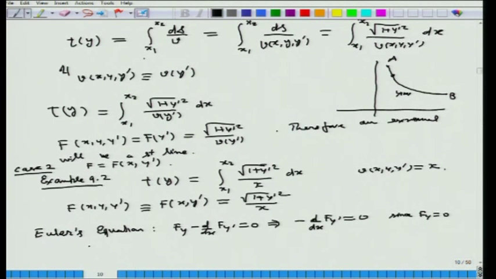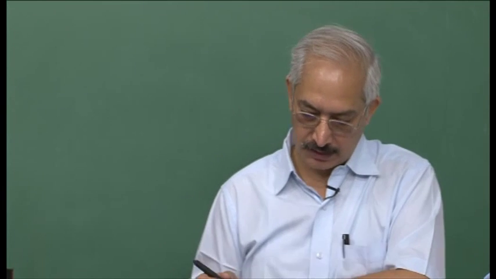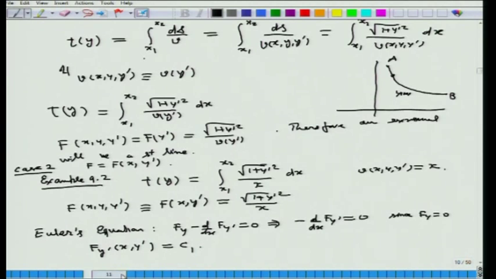And so we get f y prime, which is a function of x and y prime, as the first integral. So, this Euler's equation gets integrated easily. Here we get f y prime as a function of x and y prime equal to c 1, and then once more we integrate it to get the extremals. So, let us apply this case to this example.